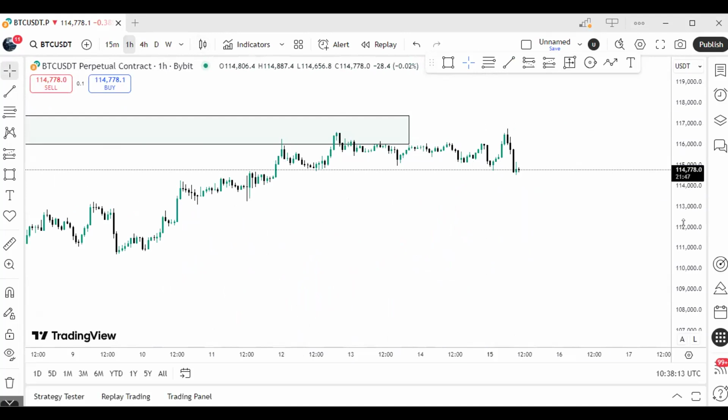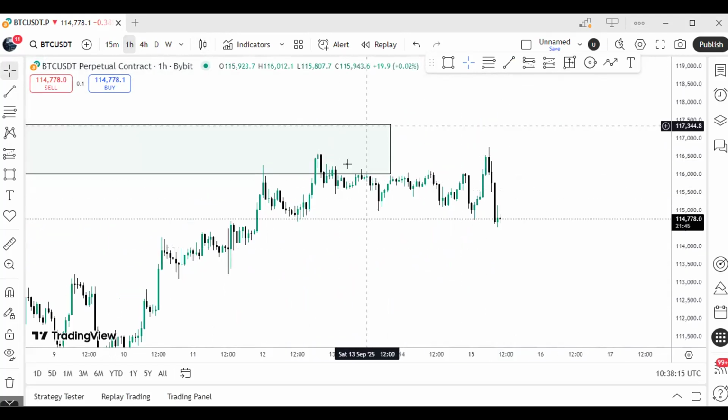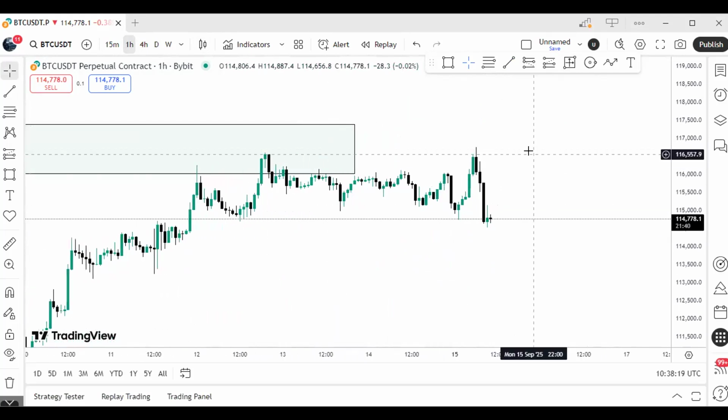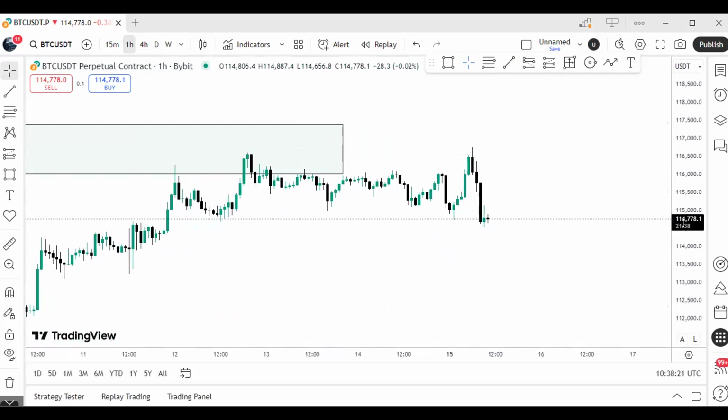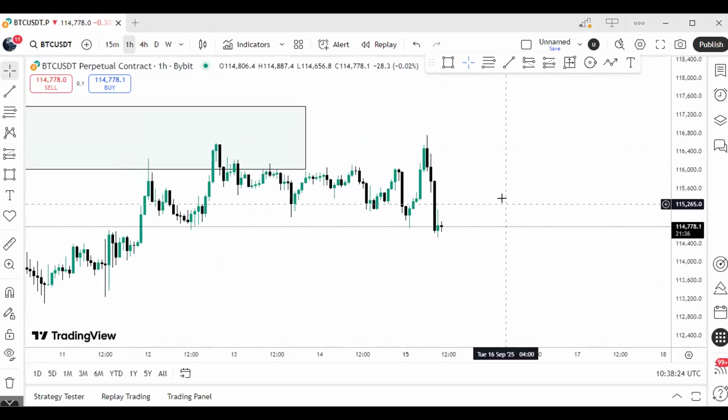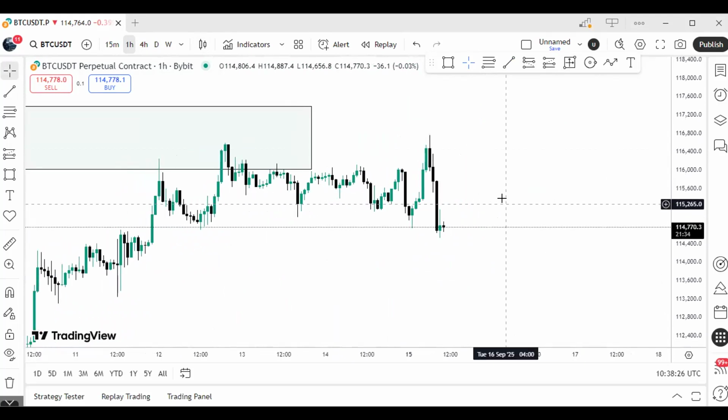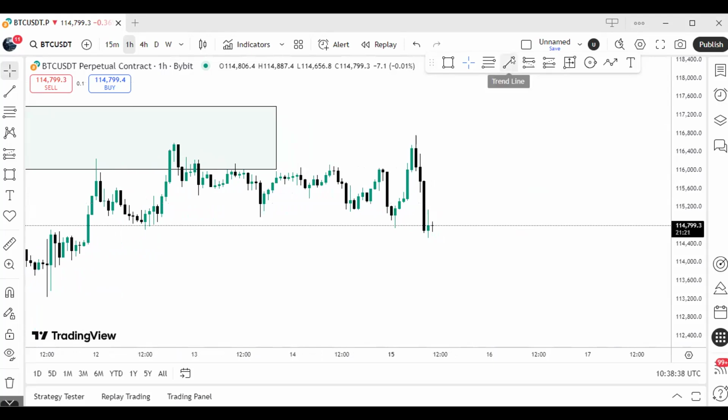right? So on 1 hour time frame, seeing that price is rejecting from this 4 hour supply zone, you can see how the momentum of the candles are, right? Price is actually giving us strong, heavy, bearish momentum candles, which is additional confirmation that price is bearish at this point, right?